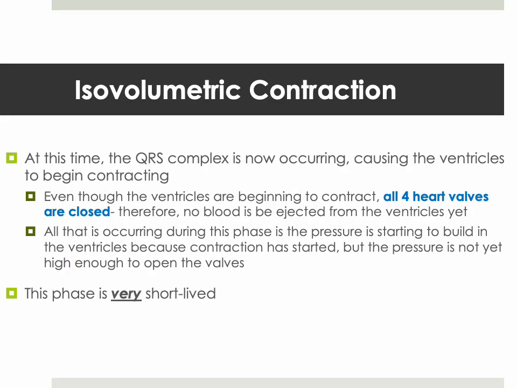Okay, so now let's talk about the isovolumetric contraction. This is a very short-lived period of time, and this is at the same time the QRS complex is happening, when the ventricles are depolarizing, okay? At this moment, the ventricles are beginning to contract. So we have atria here, and ventricles here, right?